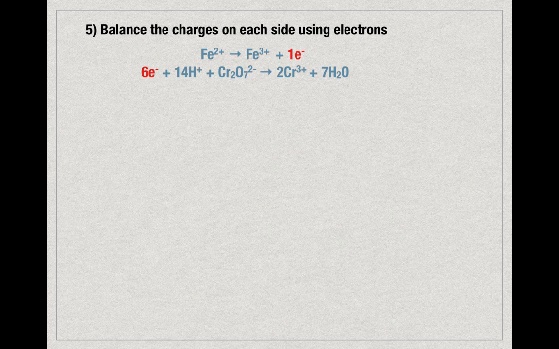I have 14 pluses and a 2- on the reactant side, so that's 12 total pluses. And then on the product side, I have 6 total pluses. So I have 12 pluses in the reactants, 6 pluses in the products. I have to get rid of some of those pluses, and I do so by counteracting them with minuses. So I need 6 electrons to be added to the reactant side of the bottom half reaction in order to balance out the charges.